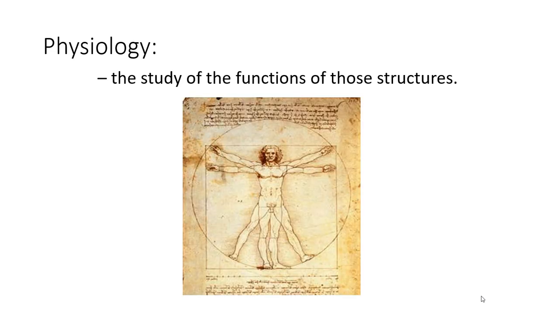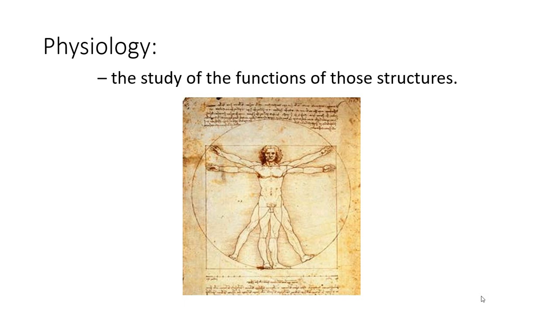So now let's look at physiology. Physiology is the study of functions of those structures. So as we previously stated, anatomy is the study of the structure. Physiology is the function of those structures. Some examples as far as areas of study would be chemistry, physics.